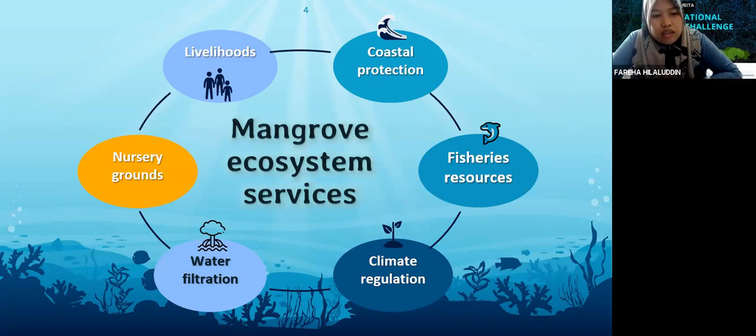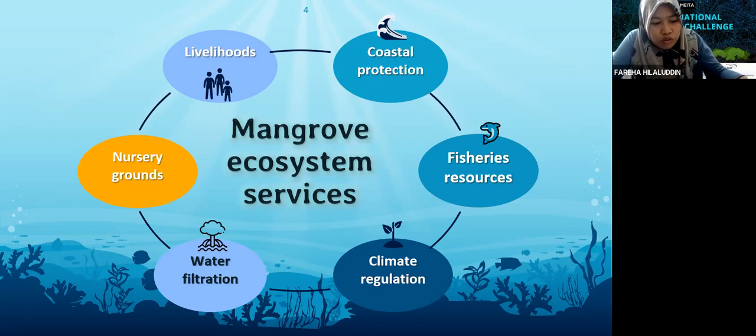Mangroves also act in water filtration, especially when there is high rain. Water from upstream will flush away downstream. So mangroves filter the effluents from upstream on their way out to the seawater.